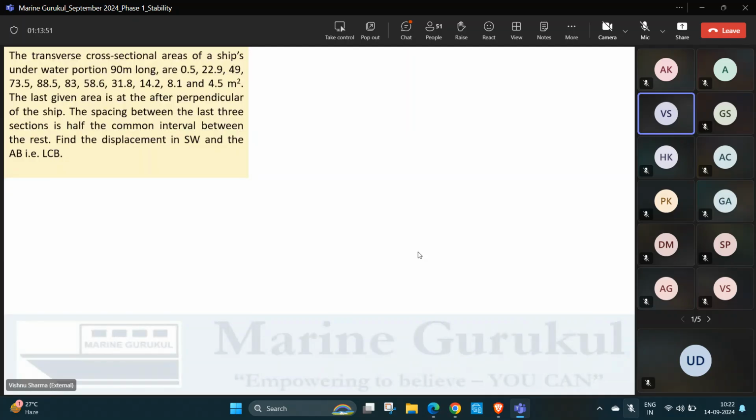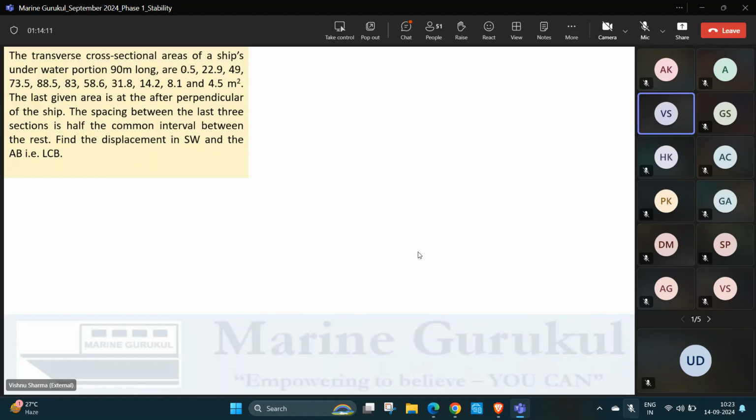The transverse cross-sectional areas of a ship's underwater portion, 90 meters long, are given at stations 1, 2, 3, 4, 5, 6, 7, 8, 9, 10, 11. The last given area, that is 4.5 square meters, is at the after perpendicular. The spacing between the last three is half.